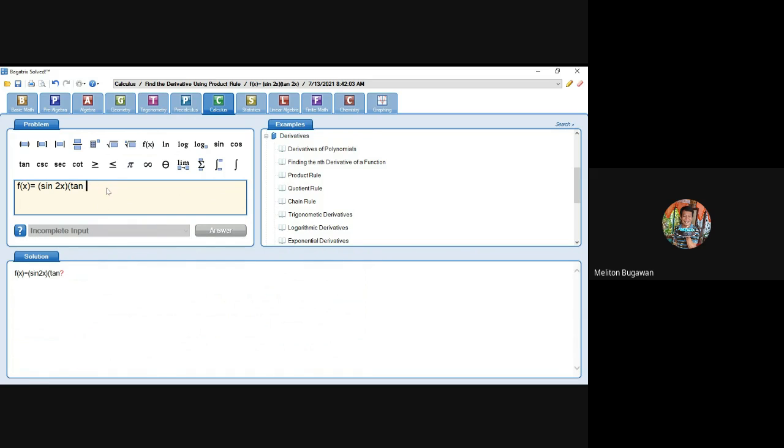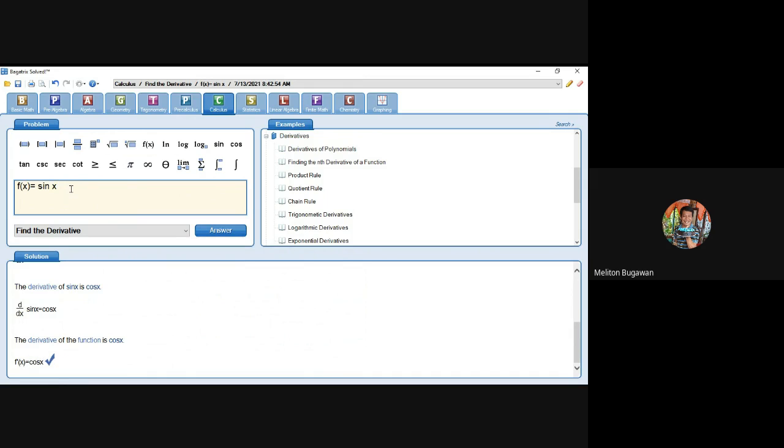Another example, the derivative of sine of x. Compute, click the answer. It gives you that the derivative of sine of x is cosine of x.